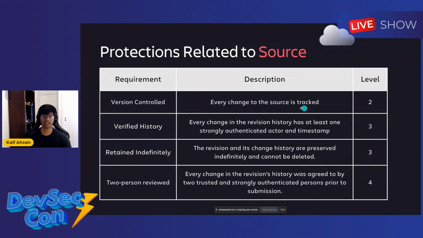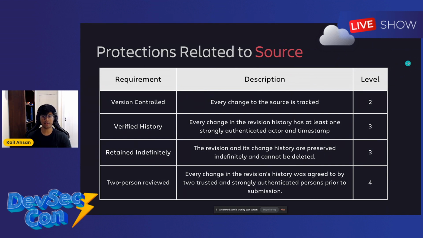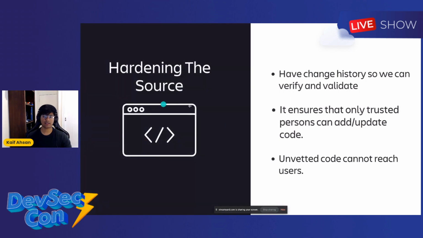But what exactly is SLSA trying to achieve here? If I distill that previous slide into high level things, SLSA is trying to establish a change history, which we can then go and verify and validate. So we can see at any point in time if anything has changed, what has changed, who changed it, and when.